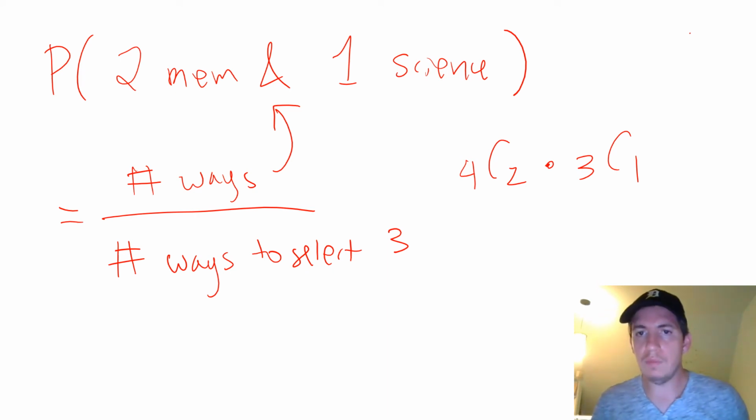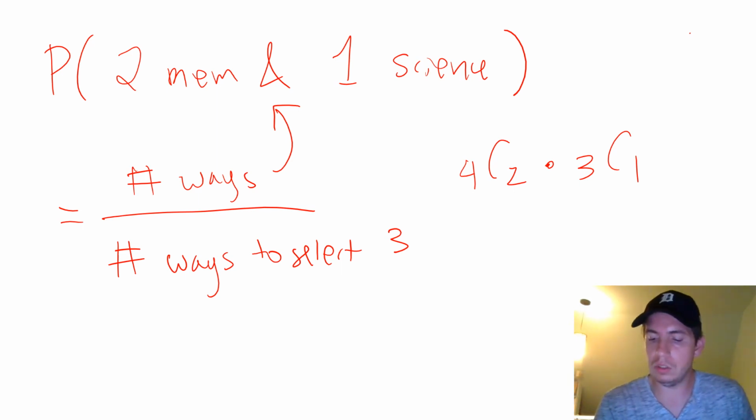So now, if I know the number of ways I could choose the 2 memoirs from the memoir books, and the number of ways I could choose the science fiction book from the science fiction books, if I multiply those 2 numbers, I get the number of ways I could actually choose the books that I'm looking to choose. So that number gives me 18.